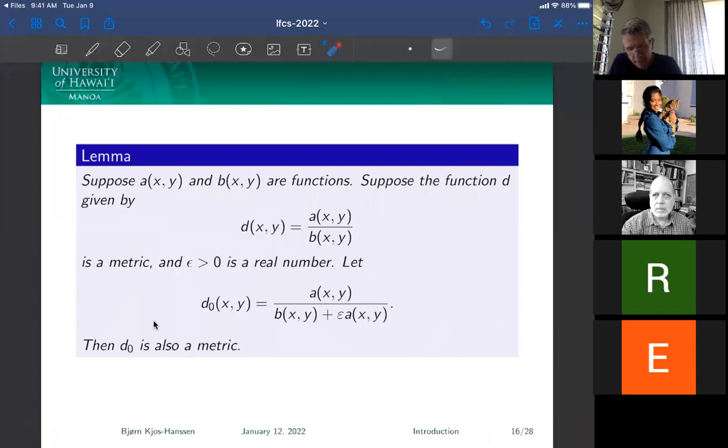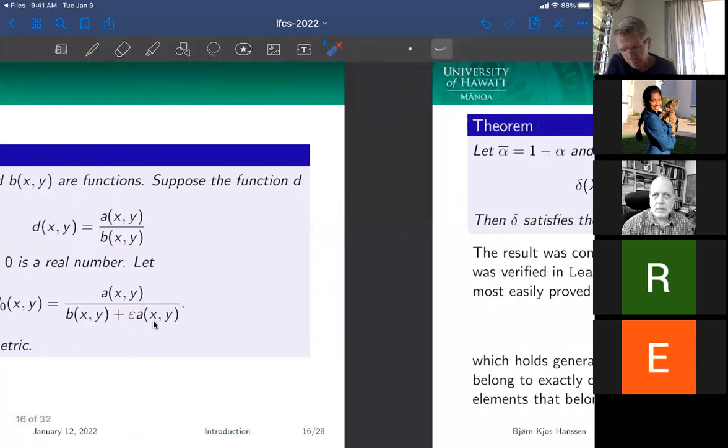So if we have a metric D and it's given as a fraction like this, then it will remain a metric if we add epsilon times the numerator in the denominator. So that was useful in the proof.